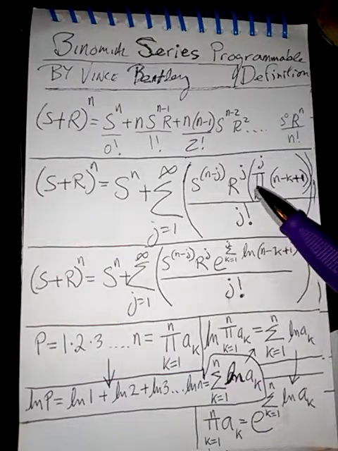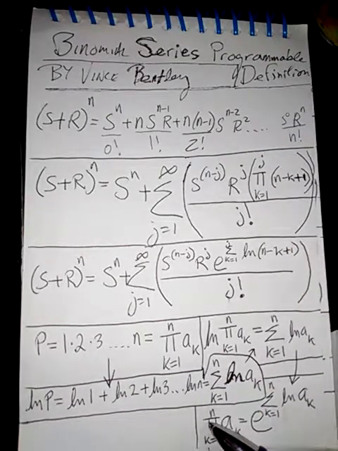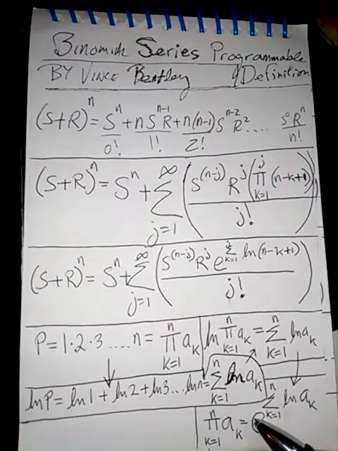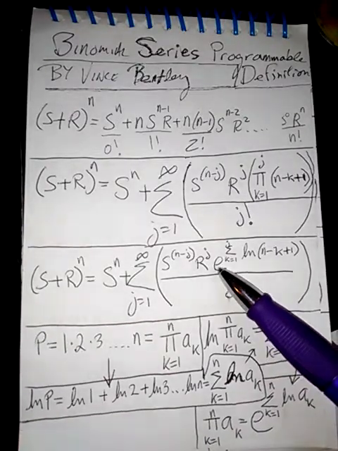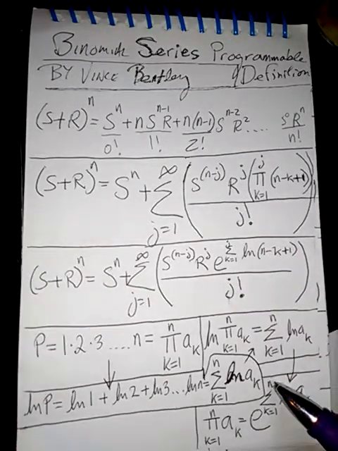And that's all I did here. If I have a product of some function, that equals e, there's the e, to the series, k equals 1 to n.